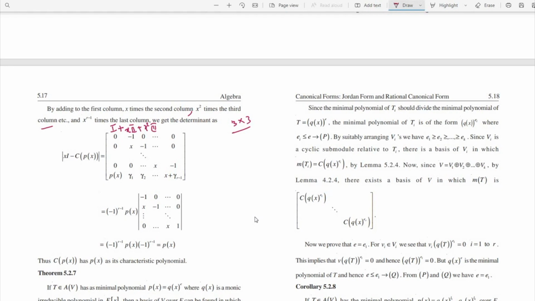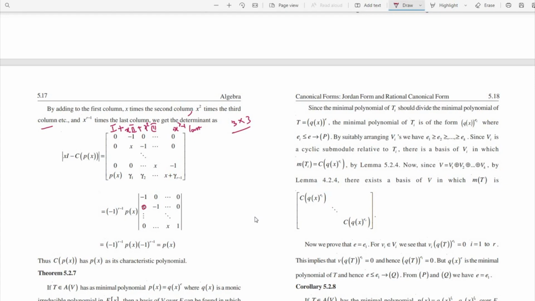And then x power r minus 1 times the last column, that we are going to add to the first column. When we do that, we get an expression like this. So here when we expand this out, we get p of x. Ultimately you will have minus 1, 0, 0, x, minus 1, 0, 0 and so on. This is what we get.